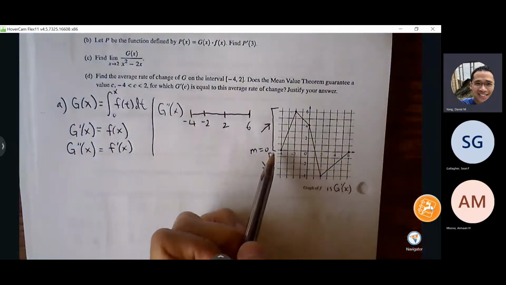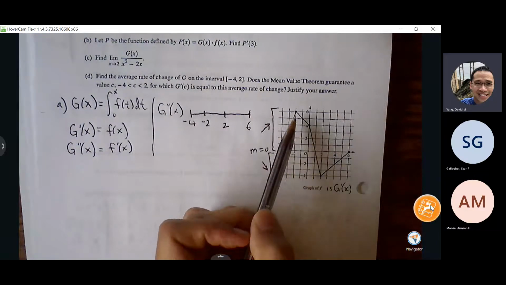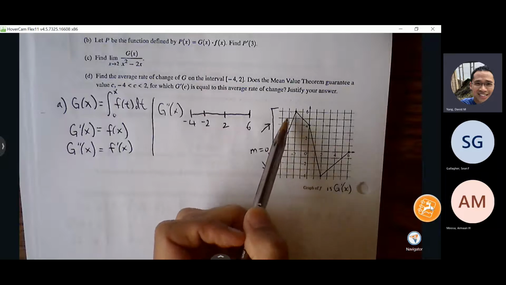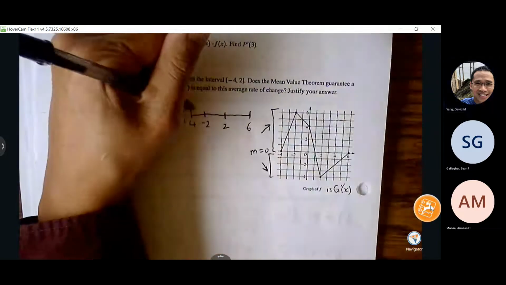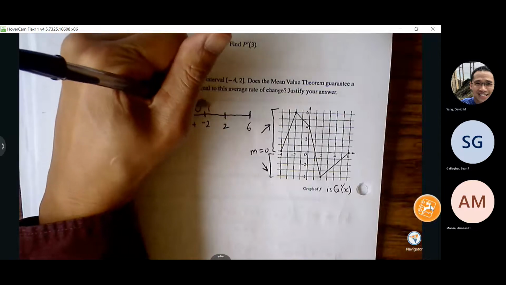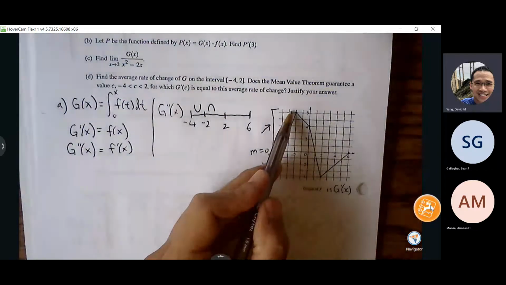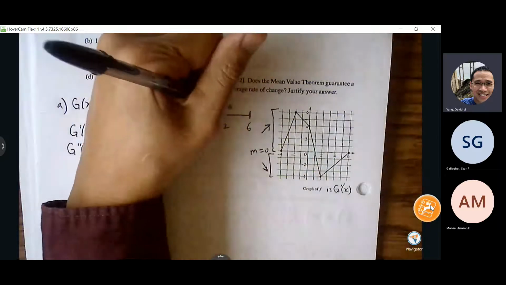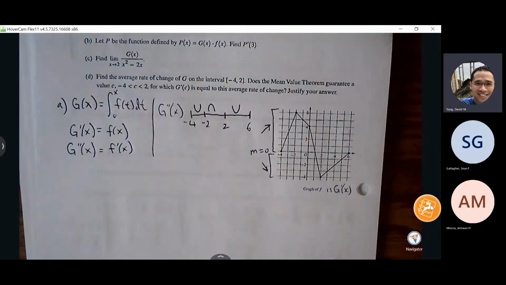And wherever my g prime graph is increasing, that means where my g graph is going to experience concave up. So concave down from -2 all the way to 2, and then from 2 to 6, concave up. So g of x is increasing because g prime is increasing, therefore concave up.